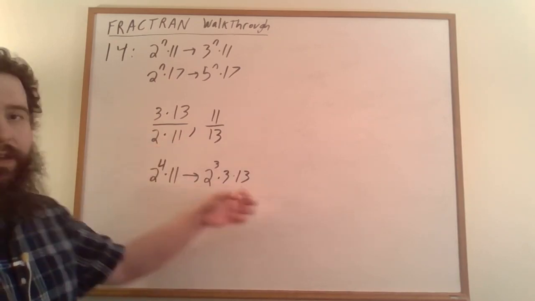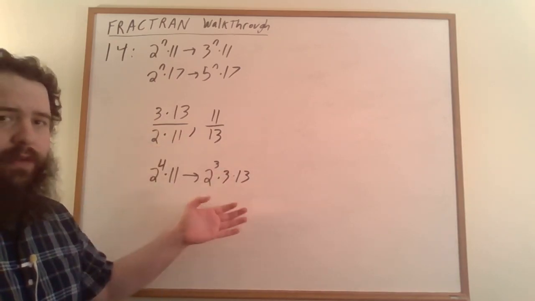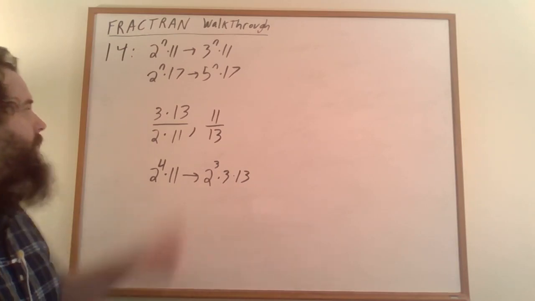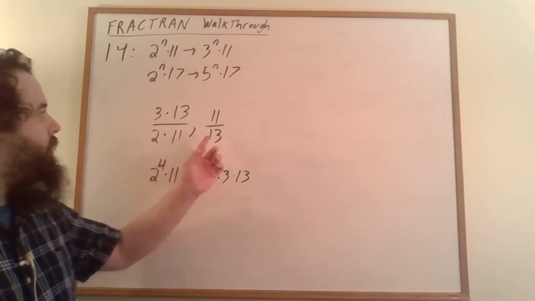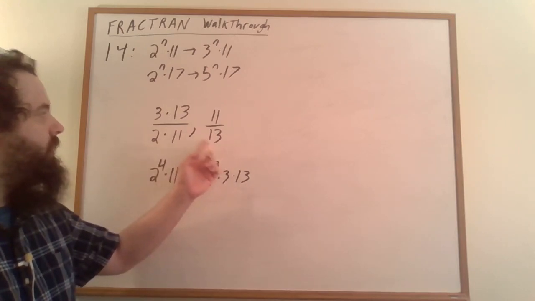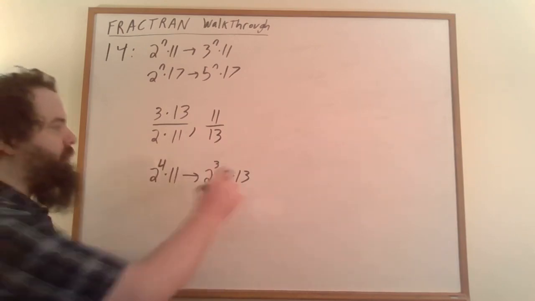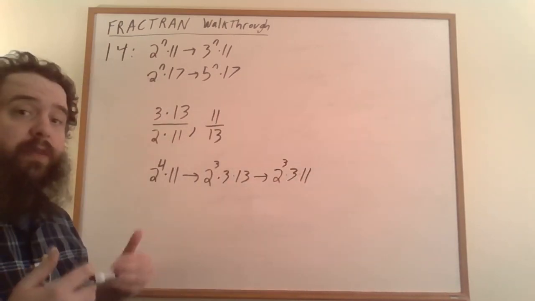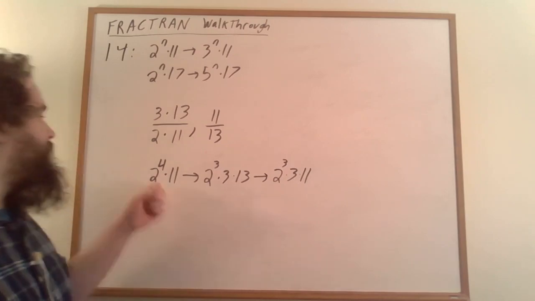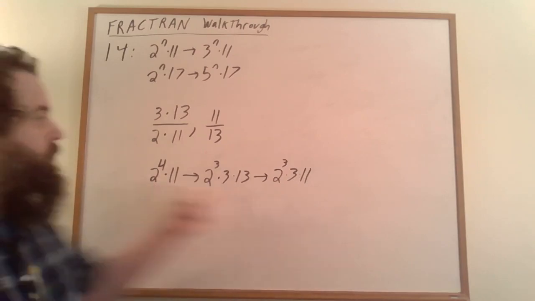It has a 2, but it doesn't have an 11, so it's not going to be divisible by 22. But it is going to be divisible by 13. It has a 13 in there, so it will catch on this fraction here, 11/13. And that will just turn the 13 into an 11.